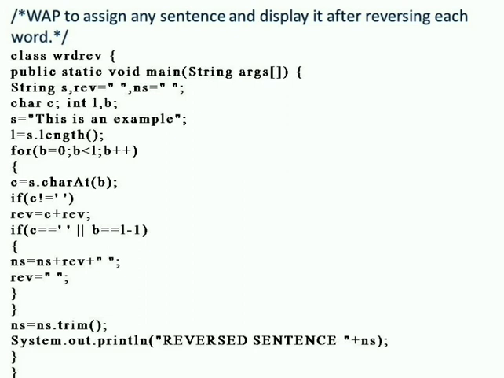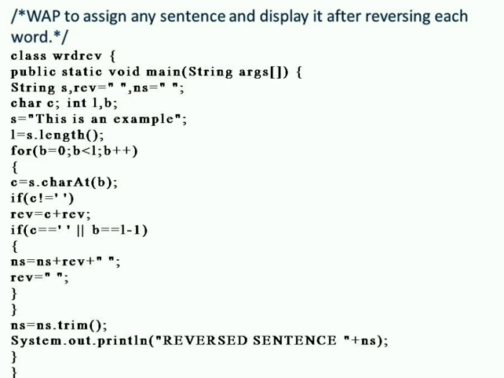So this is an example is the sentence which we have assigned in the variable s. Now in the next line we find the length of this string, l equal to s dot length. Then we create one for loop from 0 to less than l, that means from the beginning of the sentence till the end of the sentence. Then inside the body of the loop we write c equal to s dot charAt b.